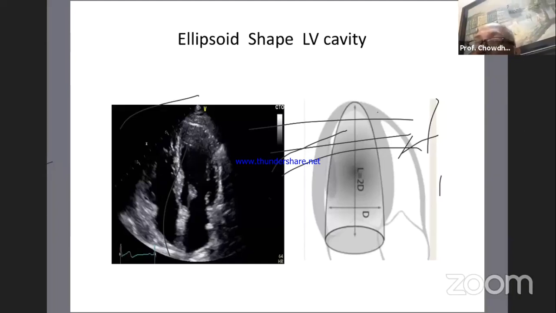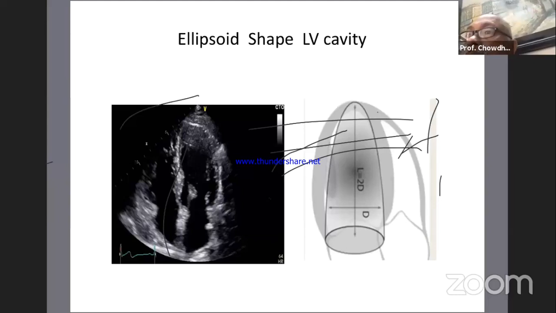And this is the case in most of the patients without any regional motion abnormality present. Because these patients are referred for different reasons, for exclusion of cardiac disease or for some preoperative assessment and other reasons. And if we do not have any regional motion abnormality, I don't find any reason why we should not adopt this.